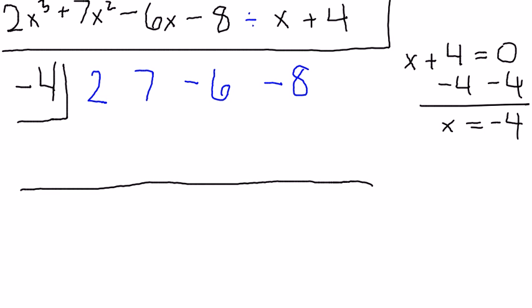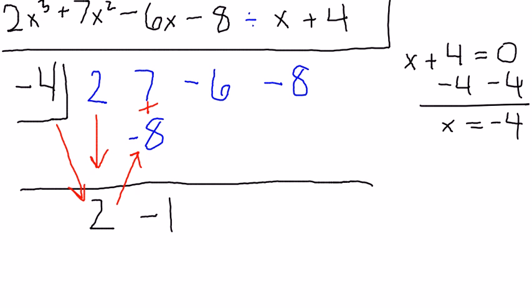And then the second step would be to bring the first coefficient down, which is 2, then multiply those two numbers, negative 4 and 2, bring it up under the second coefficient, and that is negative 8. Then add those two numbers together, you get negative 1. So that's your second coefficient for your final answer.